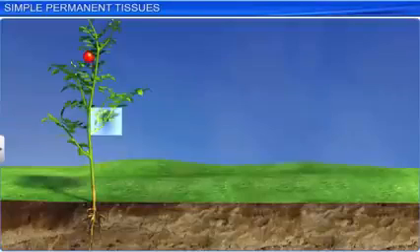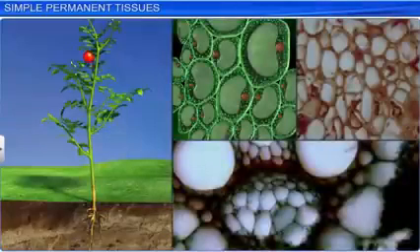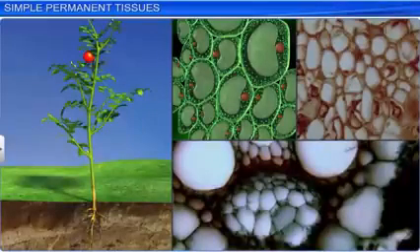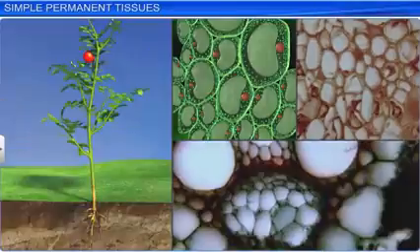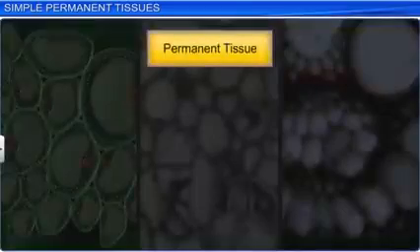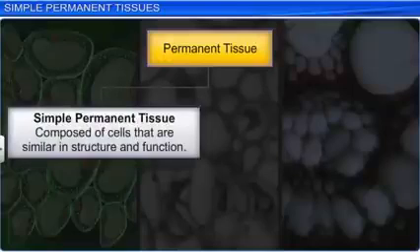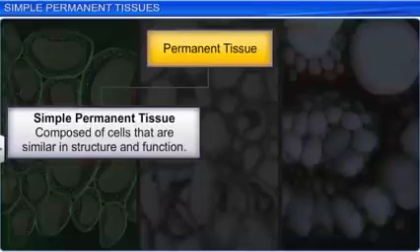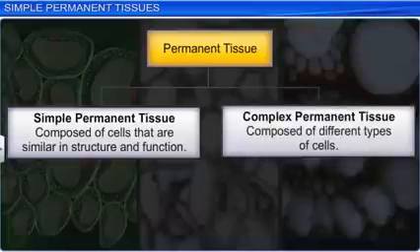Permanent plant tissue is a group of cells which are complete in growth and usually incapable of meristematic activity. Permanent tissue is of two types: simple permanent tissues, where all cells are similar in structure and function, and complex permanent tissues, which are composed of different types of cells.